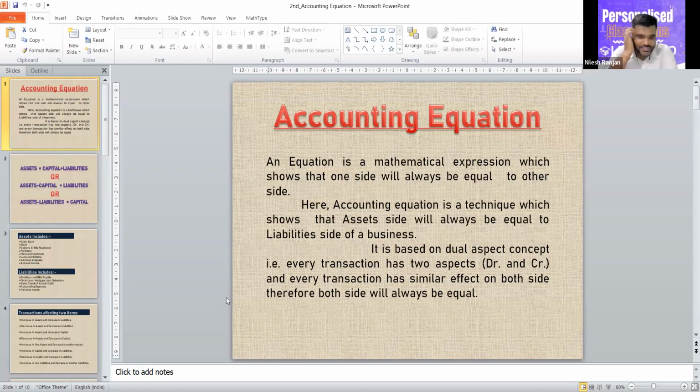Okay, so in question number 2, the question is: pass journal entry: purchased goods from A Limited of rupees 10,000, received trade discount 20%, cash discount 5%, cash 50%.